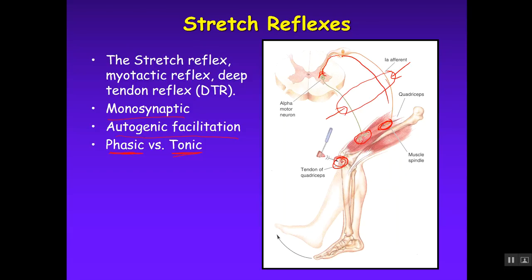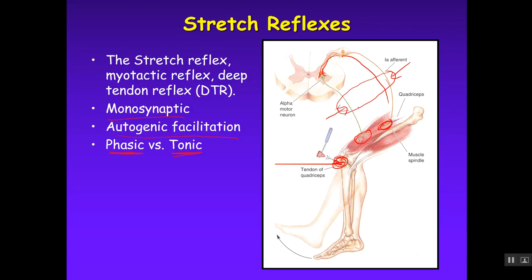So typically if I tap on somebody's tendon and it's low or absent compared to the other side or what's expected for that person, then we would likely indicate that as a lower motor neuron problem or a peripheral nerve problem, because we couldn't get the signal back to the spinal cord to elicit a response, or the signal couldn't get out of the spinal cord to make it to that muscle, okay?